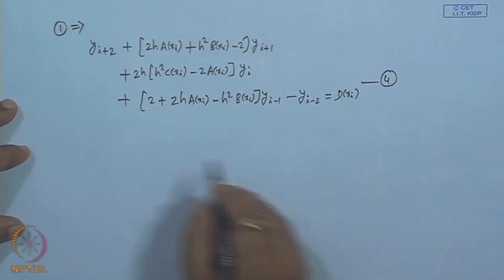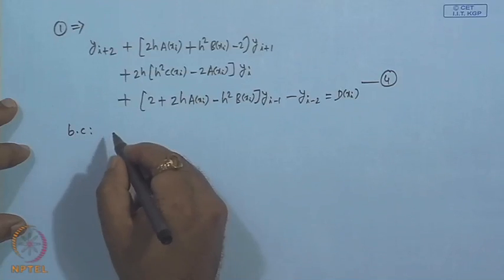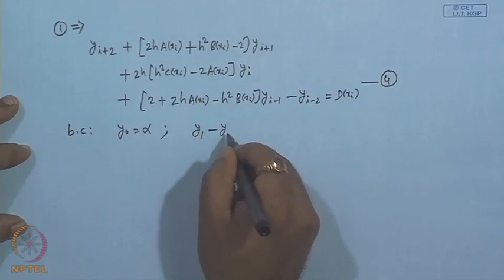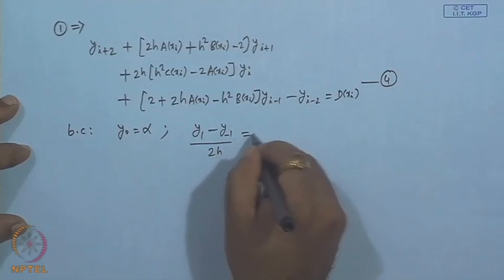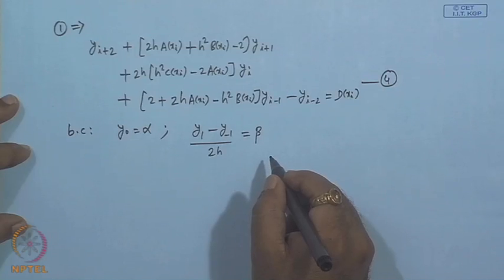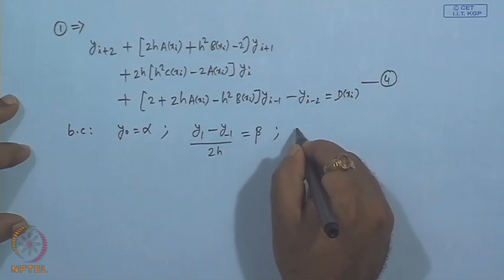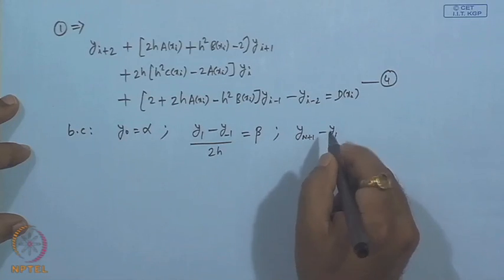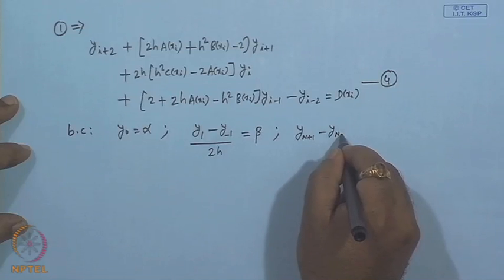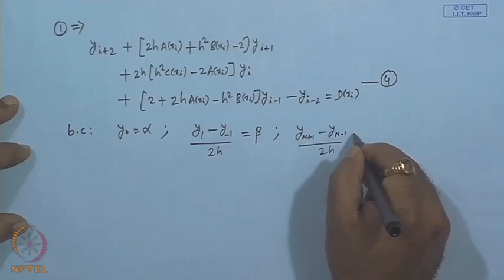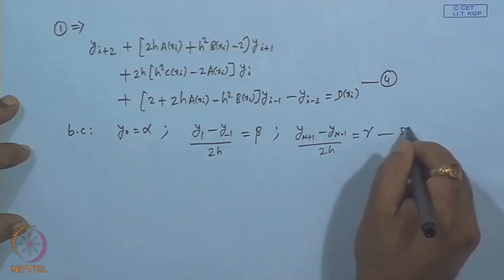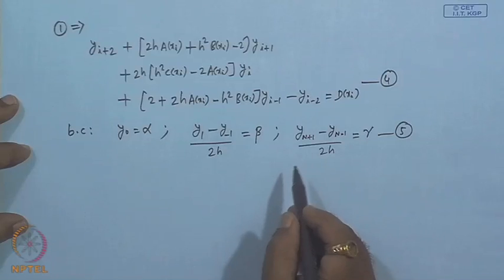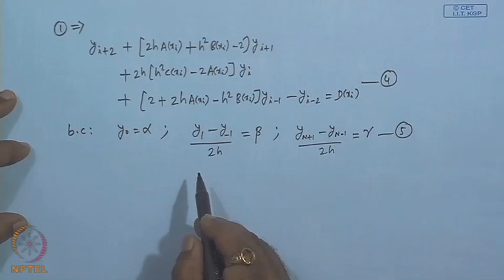We get this, and boundary conditions y0 is alpha, it's beta. Okay. So, as I mentioned, 4 and 5 is not a tridiagonal system, okay, right.